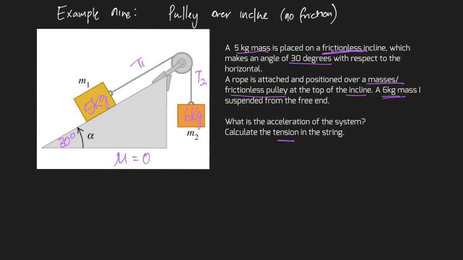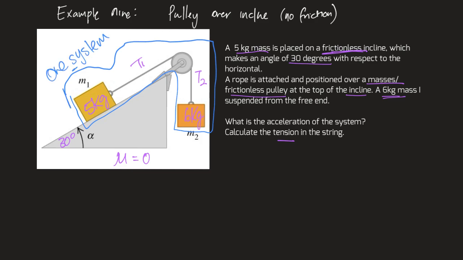Alright, so the first thing we need to understand is that if it is attached by some sort of rope, then in essence, it is one system. We spoke about this. If they're touching in some way, we must understand that there is one system.